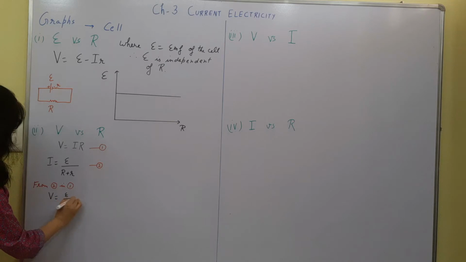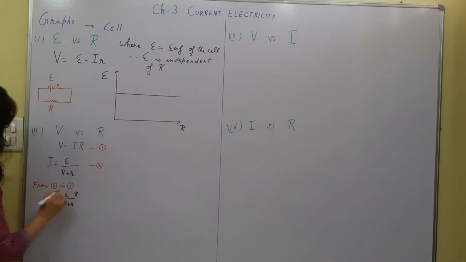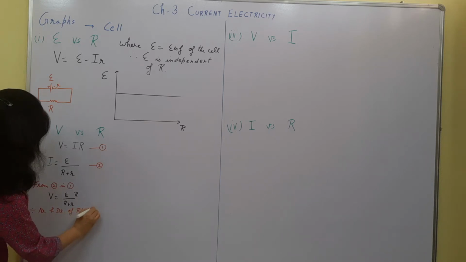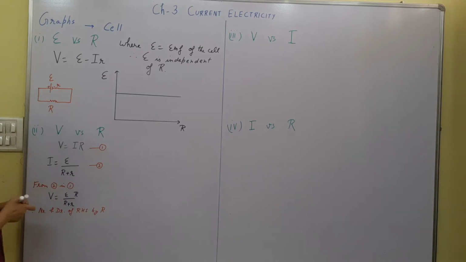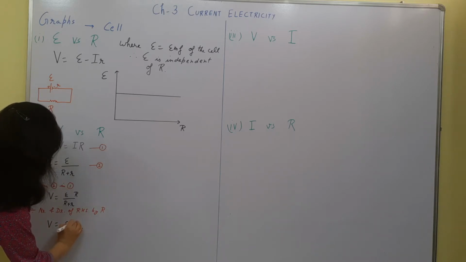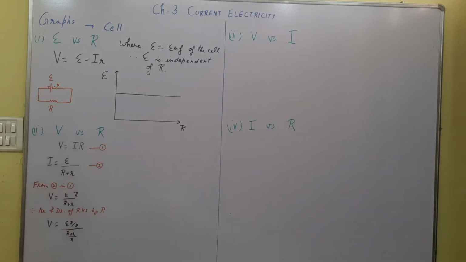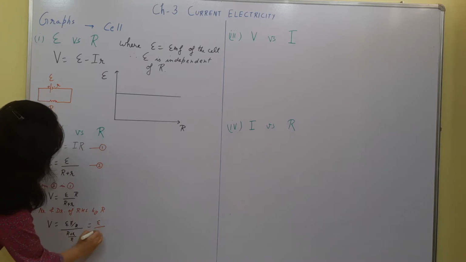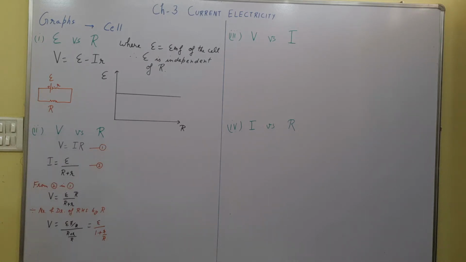V is equal to this. Now if I divide numerator and denominator of right hand side by capital R, I'll get V is equal to E upon 1 plus small r upon R. For this I can write the first case.